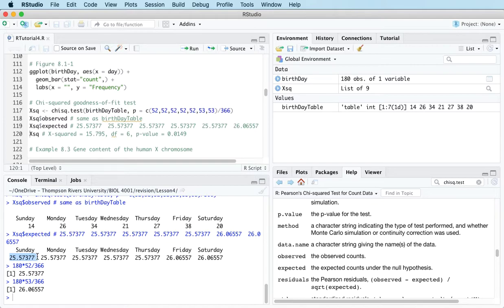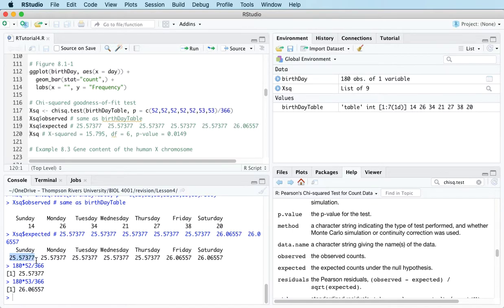25.57377 takes that difference, squares the difference, and does that for each day of the week, and then it adds up those. So it's taking the observed minus expected squared, and then it divides by the expected number. Okay, so it'll be 14 minus 25.57377.